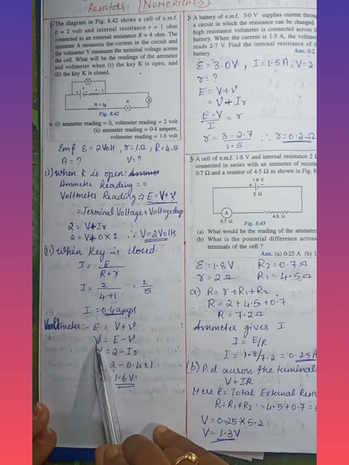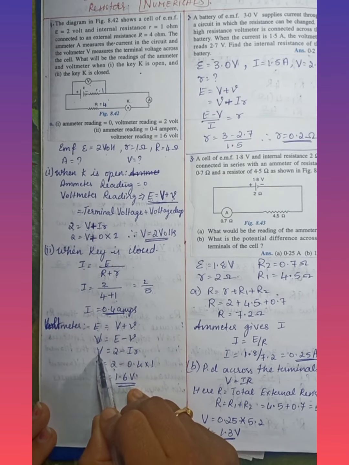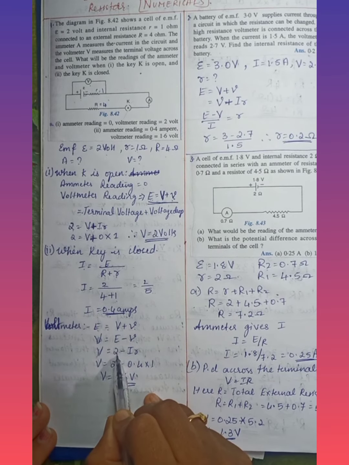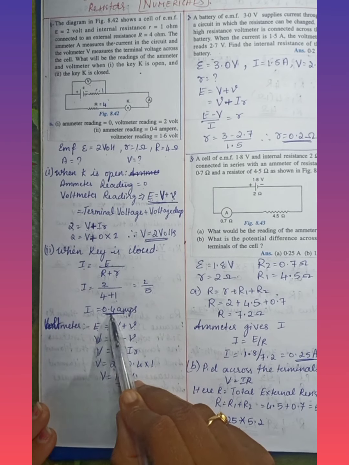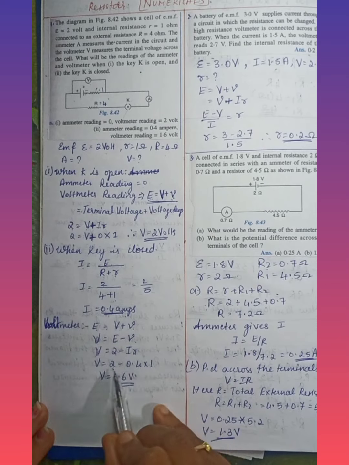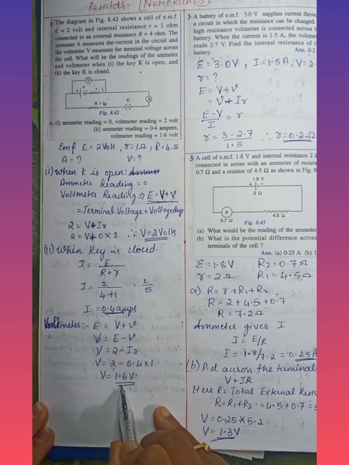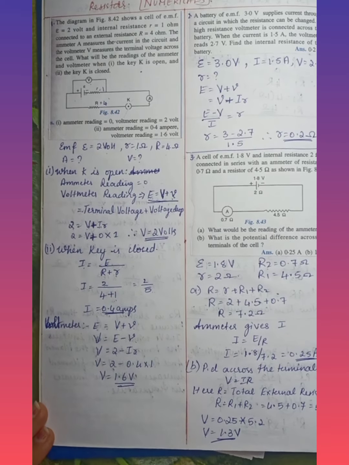Now V is the unknown term, retain it as it is. EMF is 2 volts, current is 0.4 amps, which we found recently, and internal resistance is 1 ohm. When you solve all this, you will get 1.6 volts. That is the voltmeter reading when the key is closed.